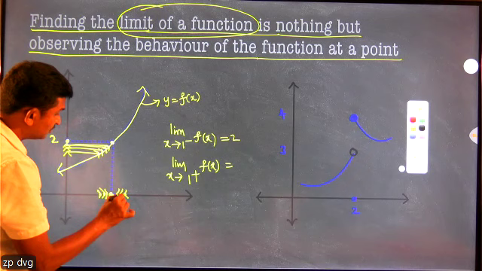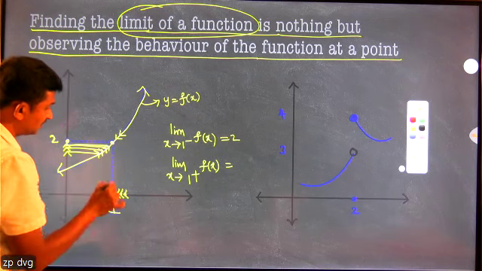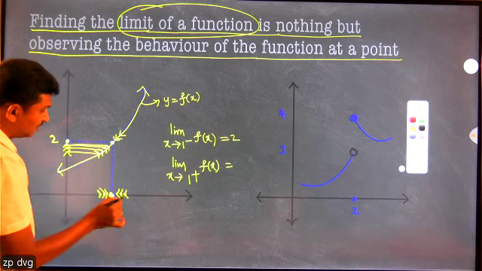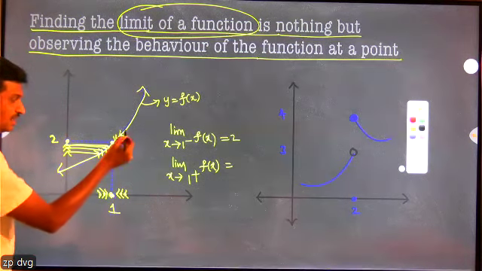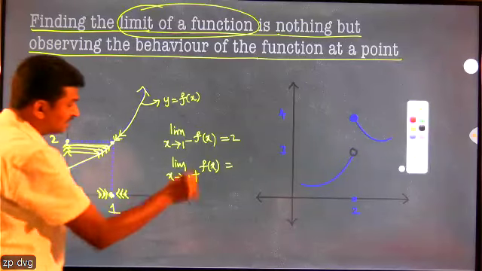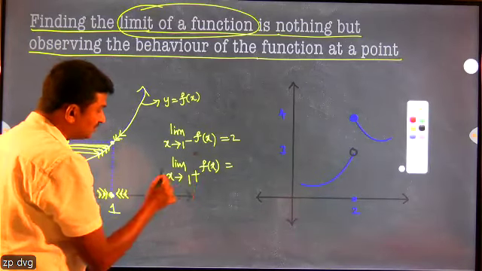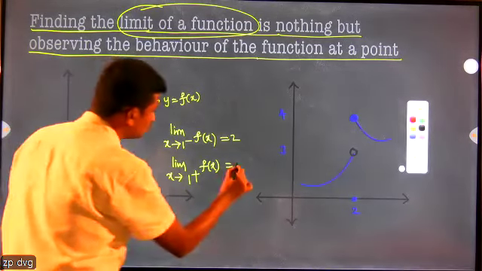Observe the corresponding functional values. Suppose you take a point here, the corresponding functional values. So what you observe, when x approaches to 1 from right, the function approaches to 2, right? So if they ask where the function approaches when x approaches to 1 from right, the function approaches to 2.